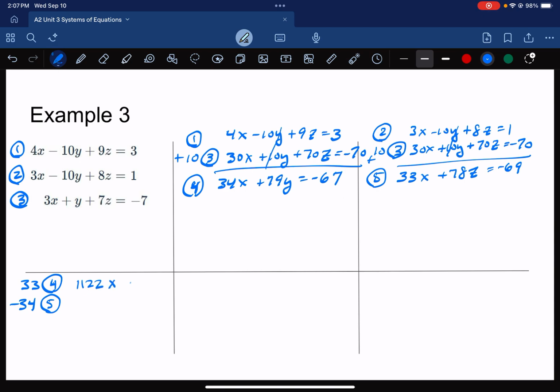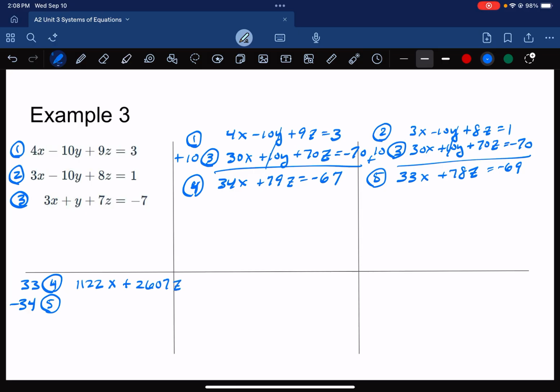1122x plus 33 times 79 is 2607y. Oh wait, that's z. Sorry, class. I put a y there instead of a z. There we go. So that's 2607z.